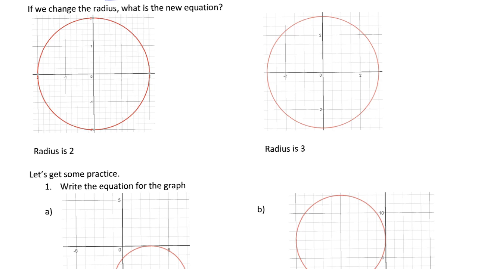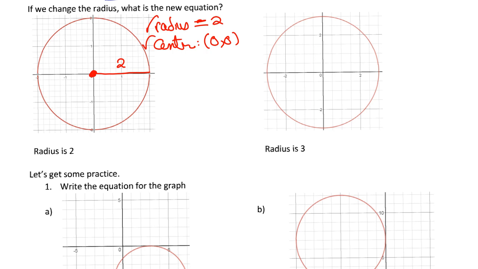Now the radius is 2, so it's not 1 anymore. Let's put the information down. The radius is equal to 2, but the center is still (0, 0). Now I can write the equation of my circle since I have those two pieces of information, the radius and the center.